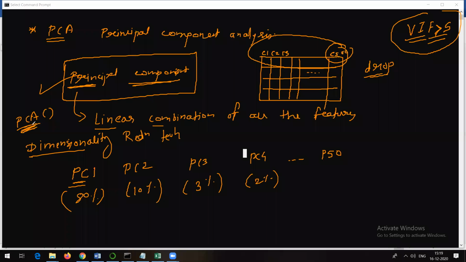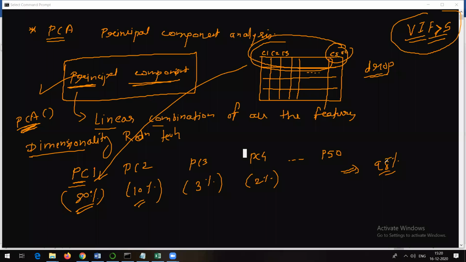That's why PCA is going to find a linear combination of all the columns, and it is going to come up with principal components. So the first principal component is going to, suppose, represent 80% of the variance in the data. The second principal component is 10%. Now just check that. Suppose I am satisfied with 95%. I want 95% of the variance in the data.